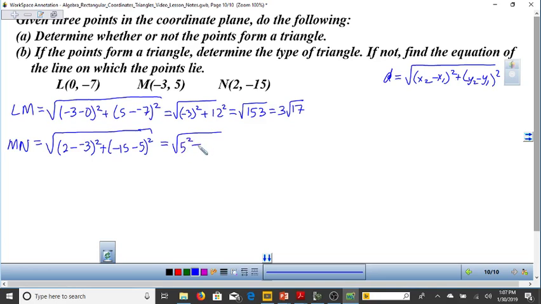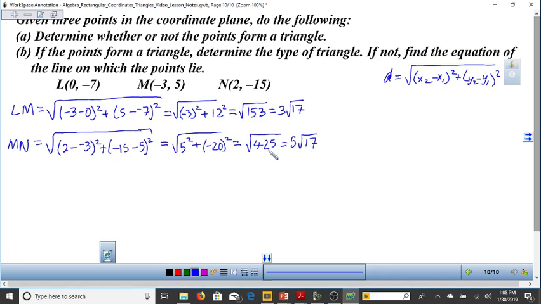So we're squaring 5, that gives us 25, and the square of -20 is 400. So we're talking about 425. And we can divide that by 25. So you will simplify that radical to be 5 square root 17 because 25 times 17 is 425.